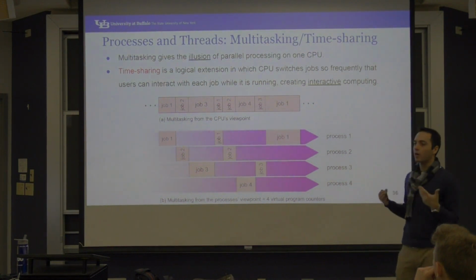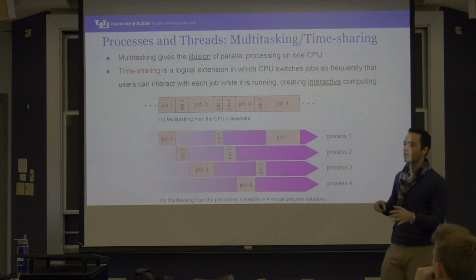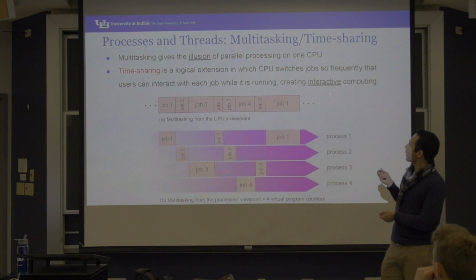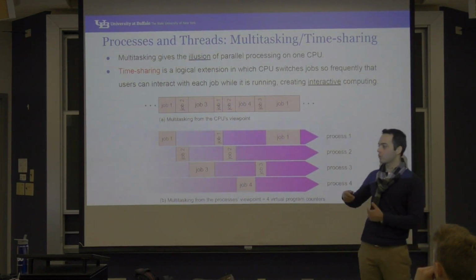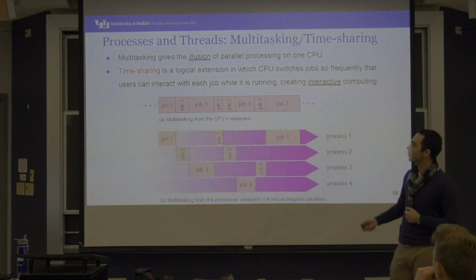That's how, even with older computers, you get to play music on one side and do something on the other side. It gives you interactivity, because each process that you request responds very quickly, so you don't feel that it's frozen.